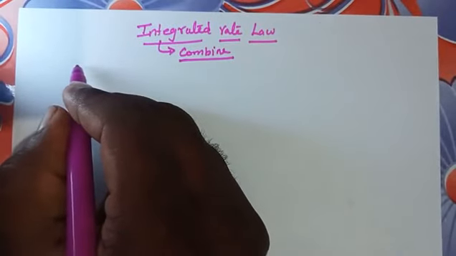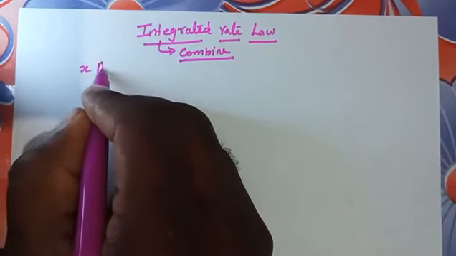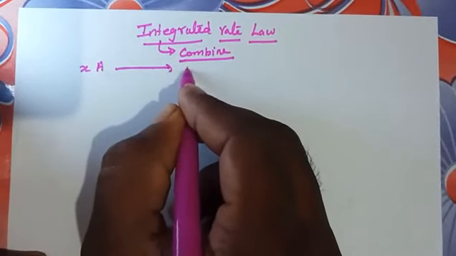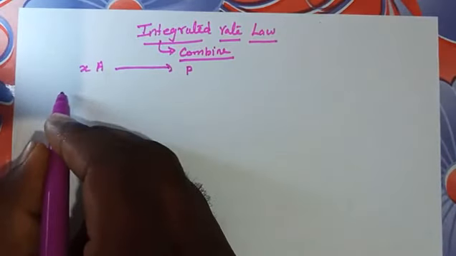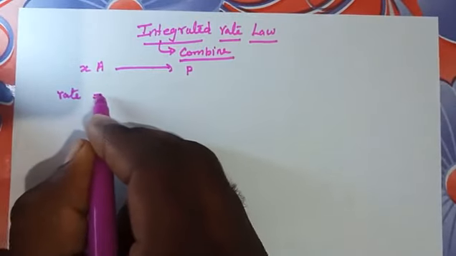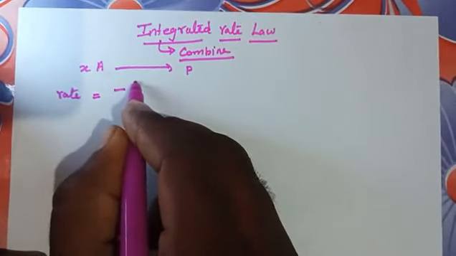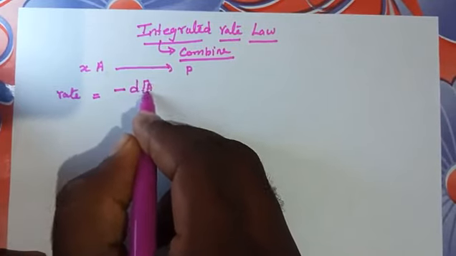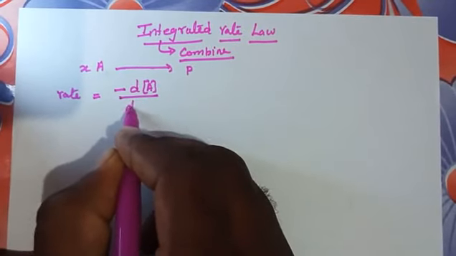Consider a chemical reaction, x moles of A giving product B. We may write a rate expression for the above equation. Rate is equal to the disappearance, the change in concentration of A with respect to time change.